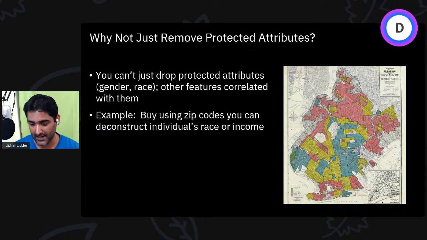This is a map of Brooklyn, New York from 1977, where banks use something called redlining to discriminate potential customers by zip code. Right? So even though in this case they're not doing it by race, the zip code correlated really well with where groups of people lived.